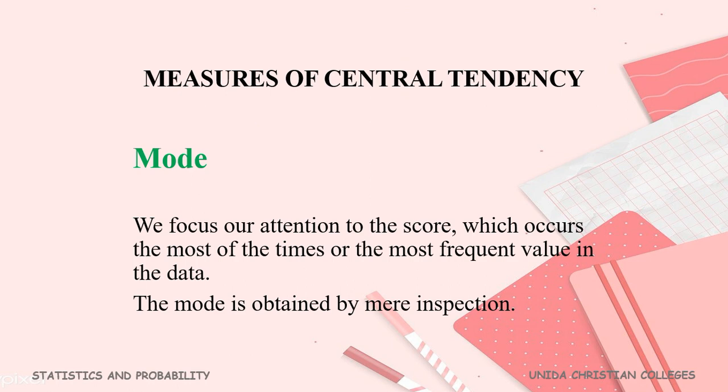Okay? So, ano daw si mode? Si mode daw, ito daw yung value, ayan, or numbers sa ating data na nag-e-exist ng mas marami. Ayan, most frequent siya na naandoon sa ating data. Siya yung may pinakamaraming value doon sa ating data. At makukuha daw natin siya by simply doing an inspection.